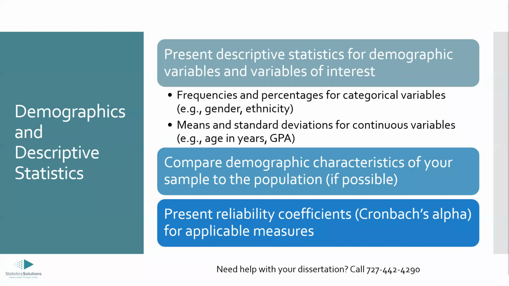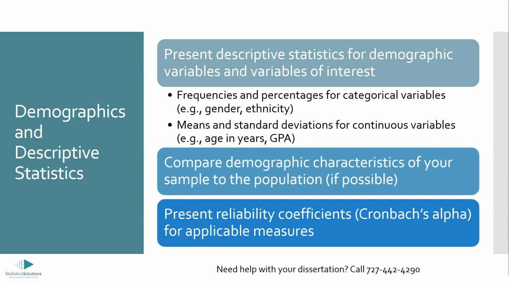After you've talked about your data collection and preparation, you can start getting into your analyses. And first, you may want to start off with just some basic descriptive analyses covering demographic variables and other variables of interest in your study. So you want to present descriptive statistics for most of the variables in your study, especially demographic variables and the variables related to your research questions.